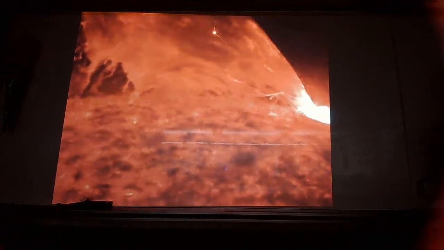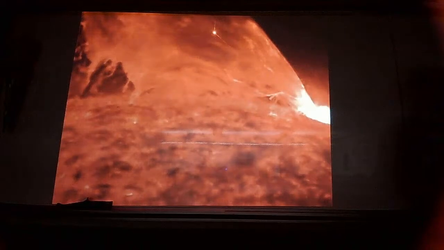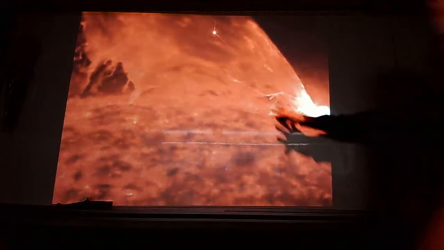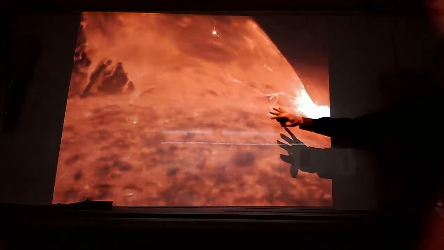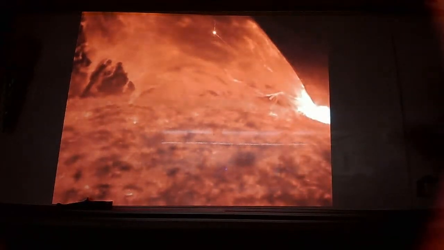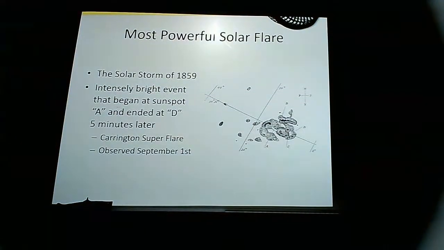How do we take a picture? We've got satellites that are relatively close to the sun, and they're equipped with telescopes and filters so that we can look real close at it. It's not really this close, it's zooming in from a long ways out. All right.